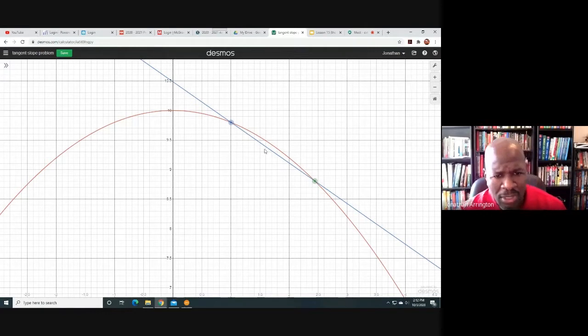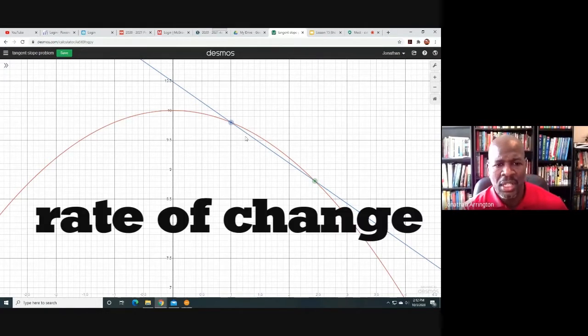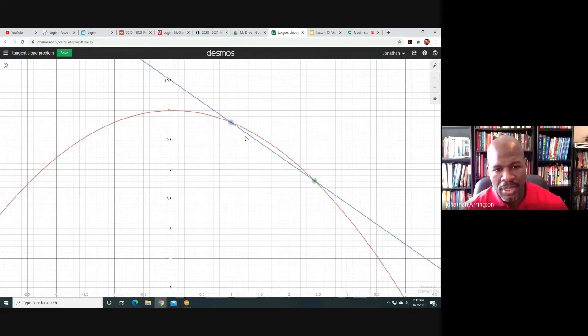And of course, the line has a slope. And the slope of that secant line is called a rate of change. In fact, it's what we call an average rate of change, something you should remember from pre-calculus. For instance, if this slope represented a distance over time, that rate of change would be speed.